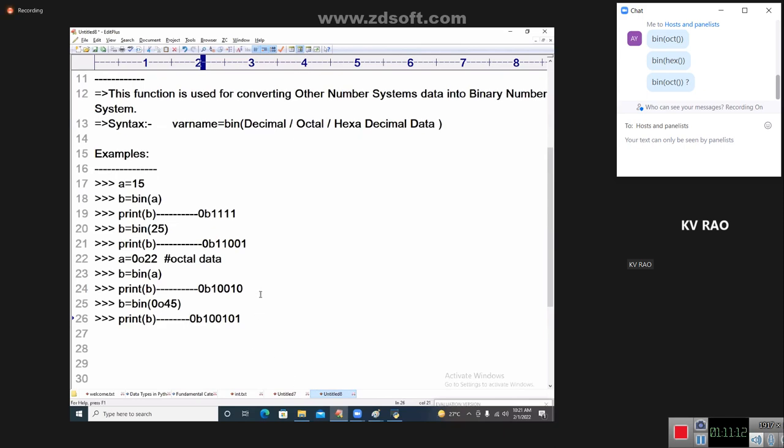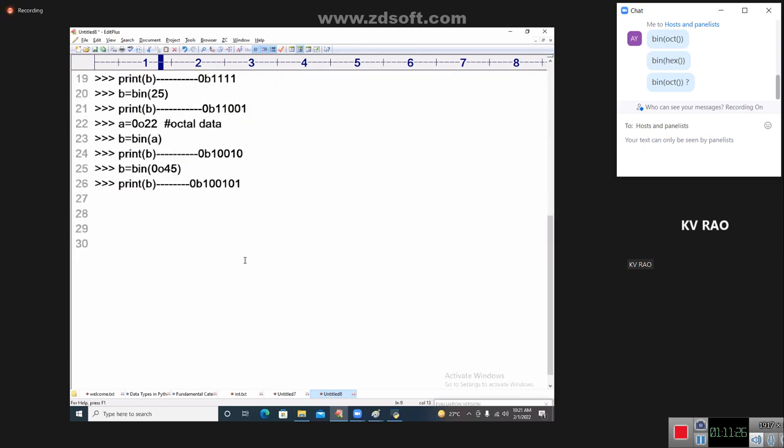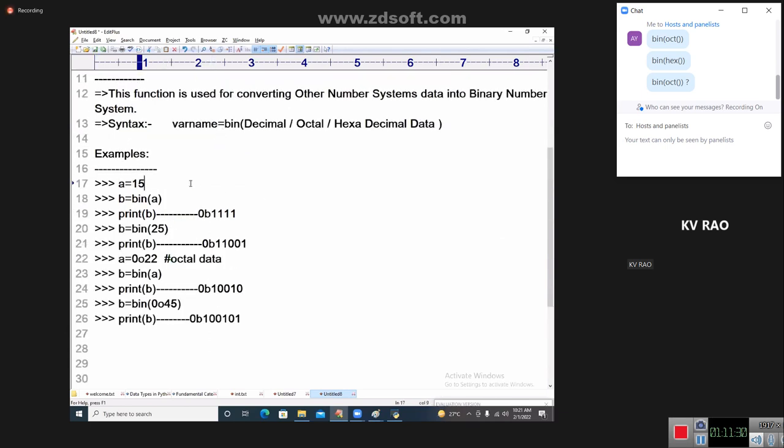It is a predefined function we can call. Just now I told you type is a function. Print is a function. I told you already. Okay, students? This is octal data. This is decimal number system data.